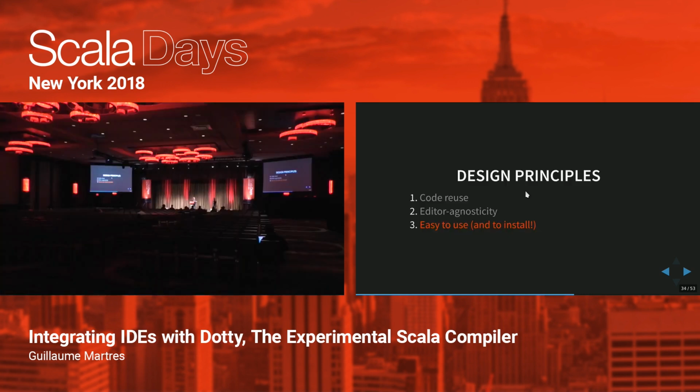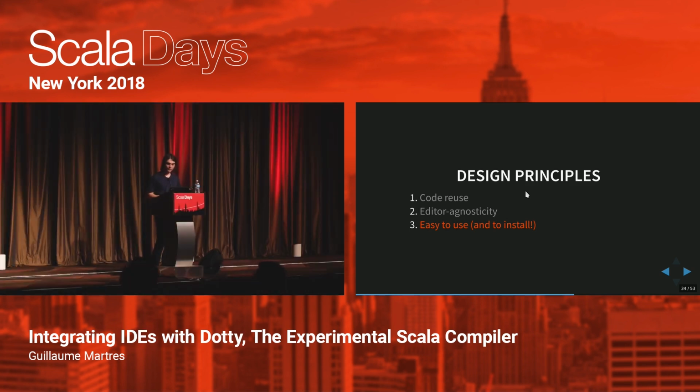Last but not least, we also want our IDE to be an amazing user experience. People should be so happy that they can use this without twiddling with configuration files and stuff like that. And for now, what this means is we need to do SBT integration. The way this works is we analyze the build to find Dotty projects using an SBT plugin.